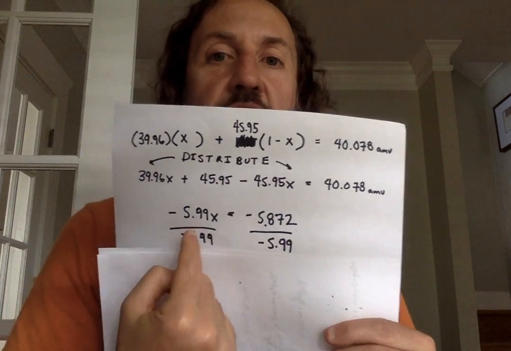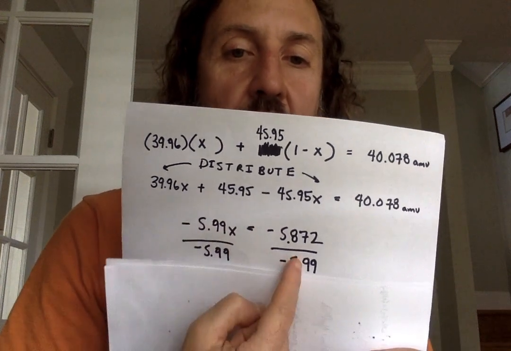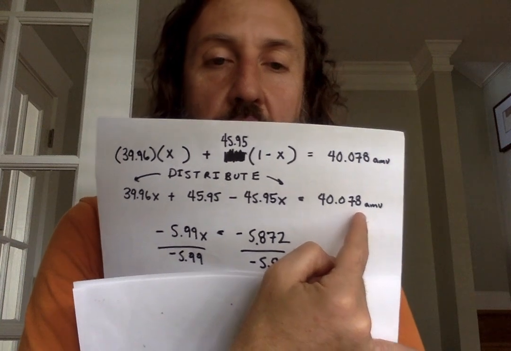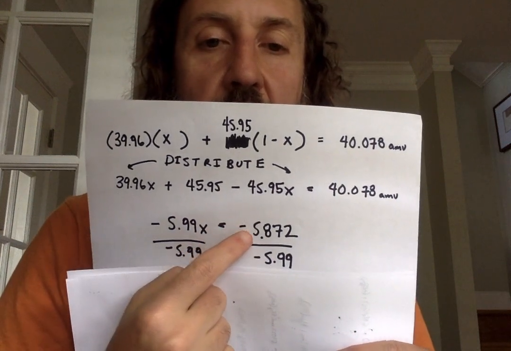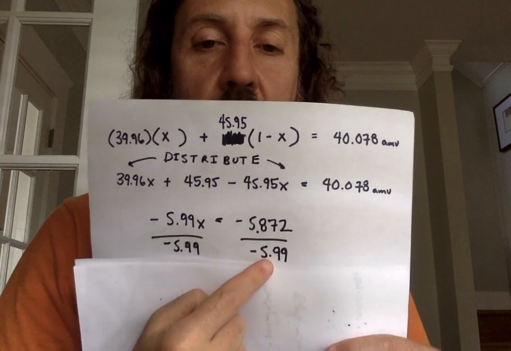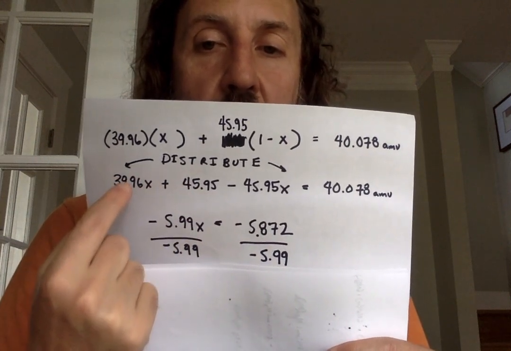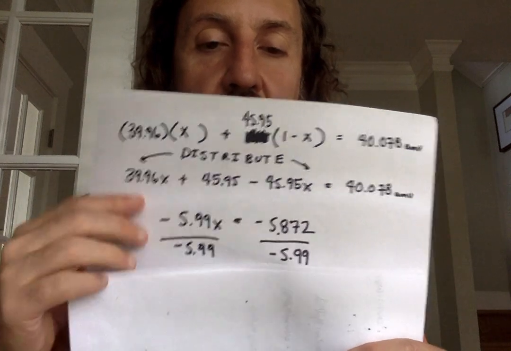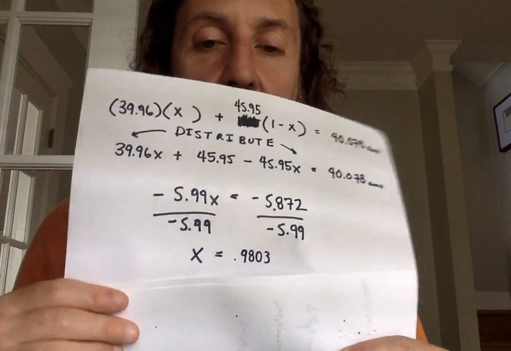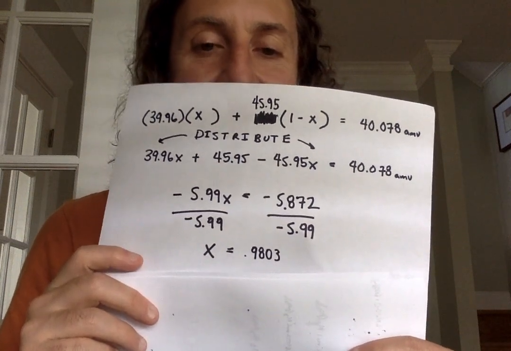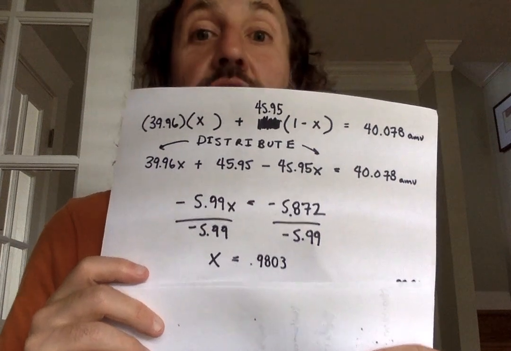That's where I get negative 5.99x, and this taken from this is going to be negative 5.872. Divide by that 5.99, and you get x equaling 0.9803. When you make that a percentage, it's going to be 98.03.